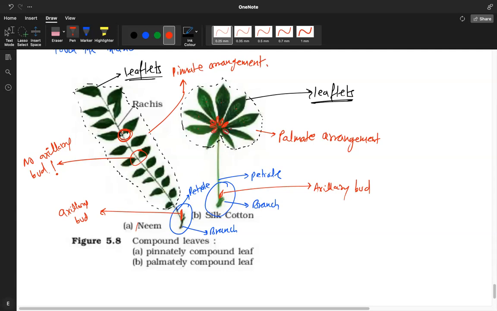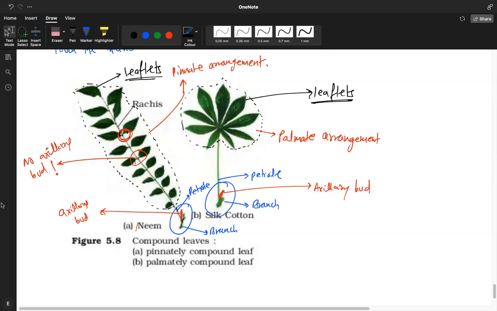Can you see what I'm marking here, everyone? But you will not find any axillary bud in this region, but you will find it here, in the axil of the petiole. Similarly, you will not find any axillary bud in this axil. Here, no axillary bud.